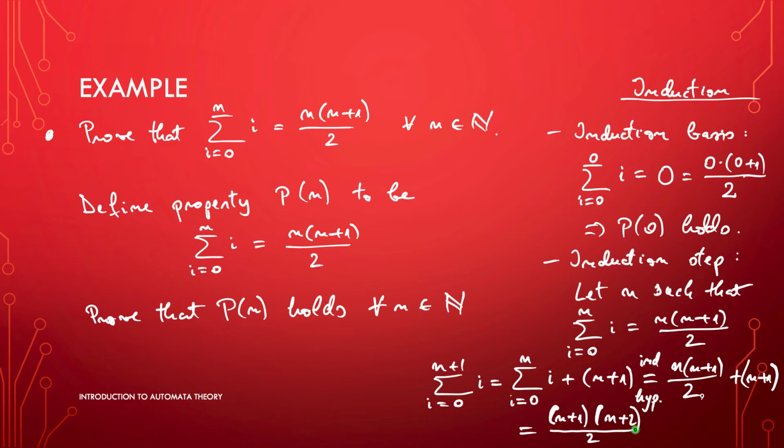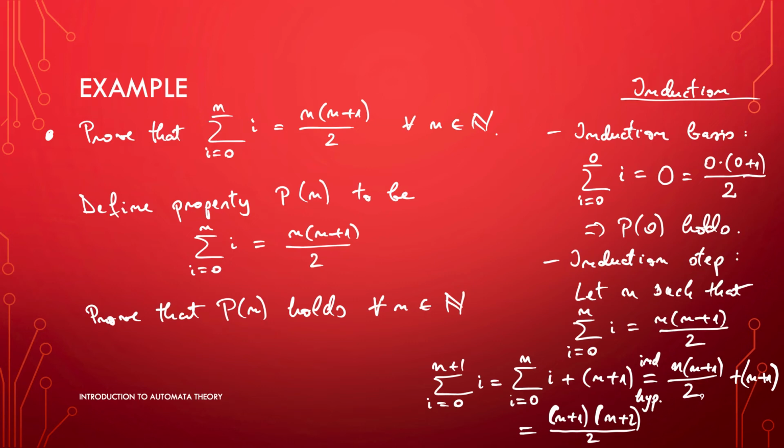And if you check what we got, we started with the left hand side applied to parameter n plus 1, the sum all the way to n plus 1, and we got to this expression, which is exactly what we have on the right hand side when we apply it for n plus 1. That's going to be n plus 1 here and n plus 2 here, and that's exactly what we have on the right hand side.